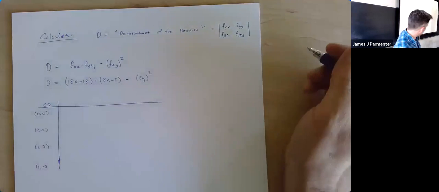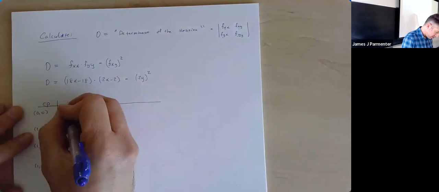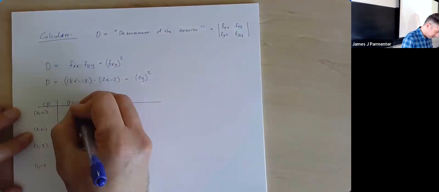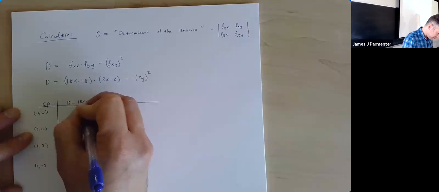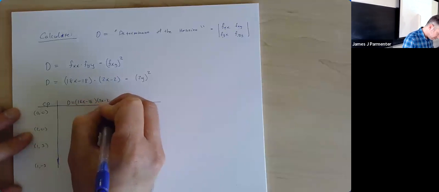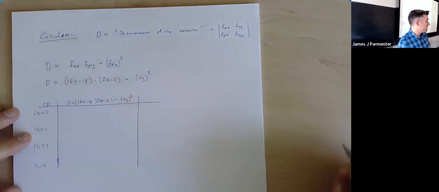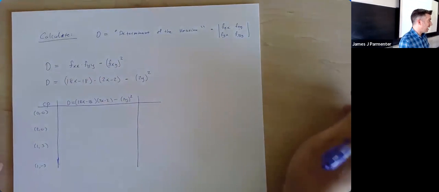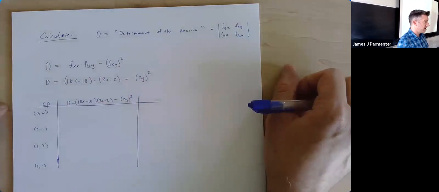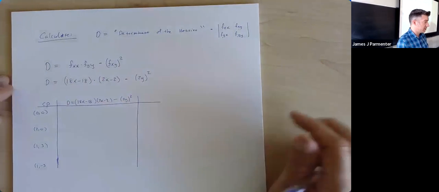And then we're going to plug into our capital D here. And we only care about the sign. I don't care about the value at all. So we're really just trying to figure out, is capital D positive or is capital D negative?